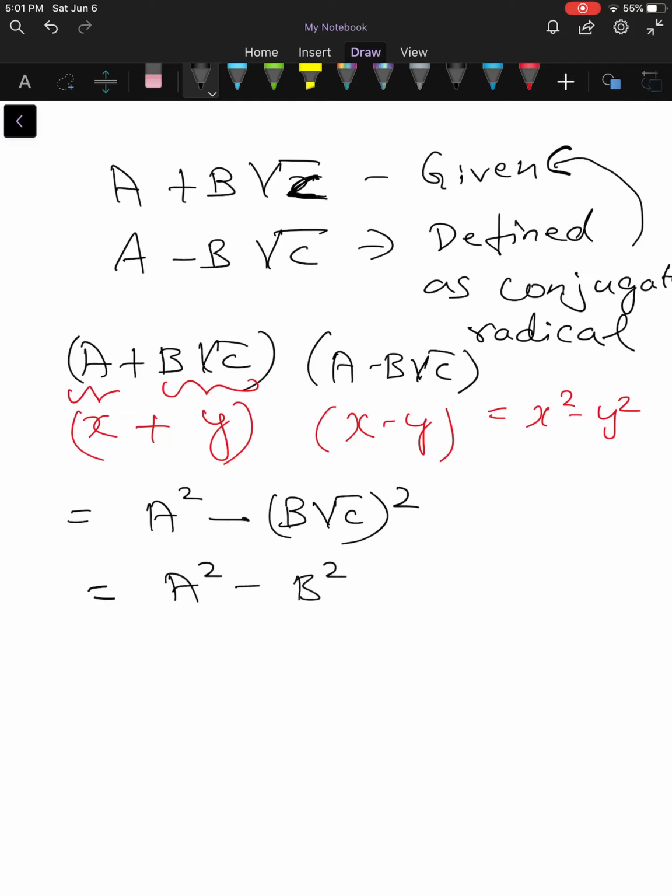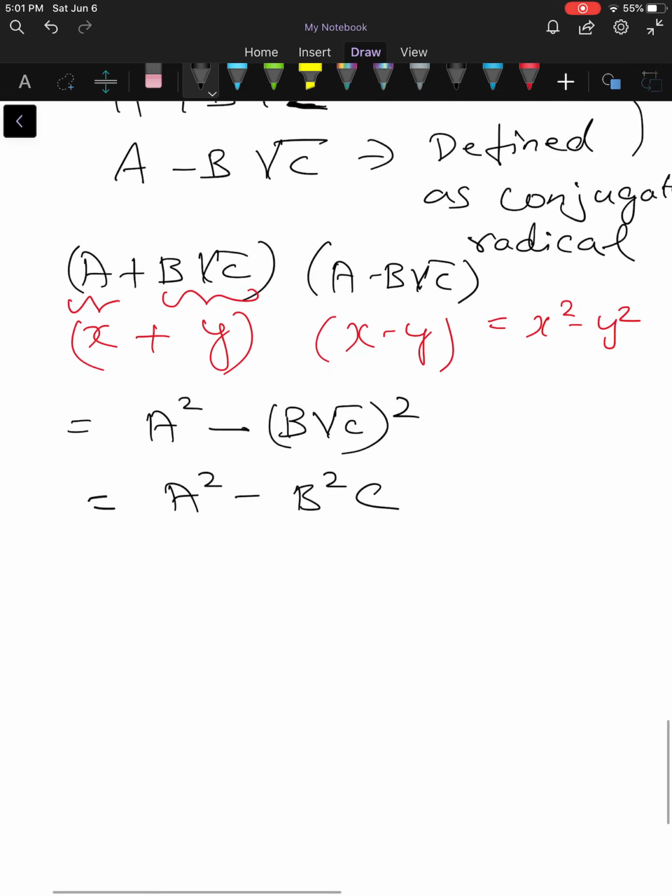So that is nothing but a square minus b square. Square root of c the whole square is nothing but c. So you get rid of the square root of c here, and this is nothing but rationalizing the given expression.